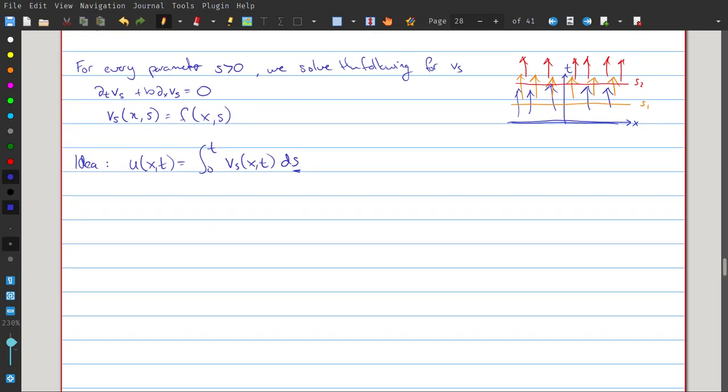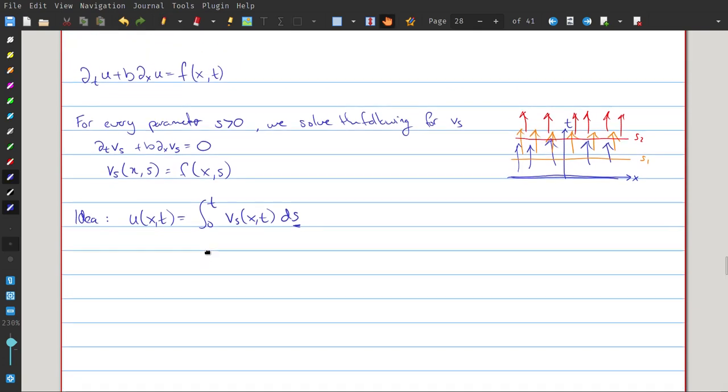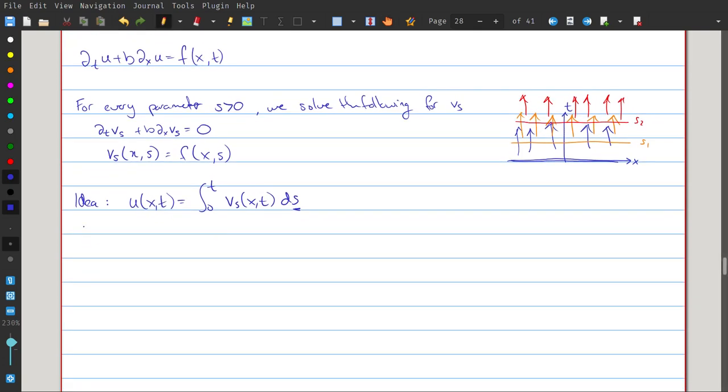So let's verify that this is actually a solution to the inhomogeneous equation. Firstly, we can just take the derivative in space. There's no problem here. It just passes through the integral. But we can also take the derivative in time. And this formula depends in two places on time: in the limit of the integration, and also in the function that's being integrated. So we need to apply the rule for that.